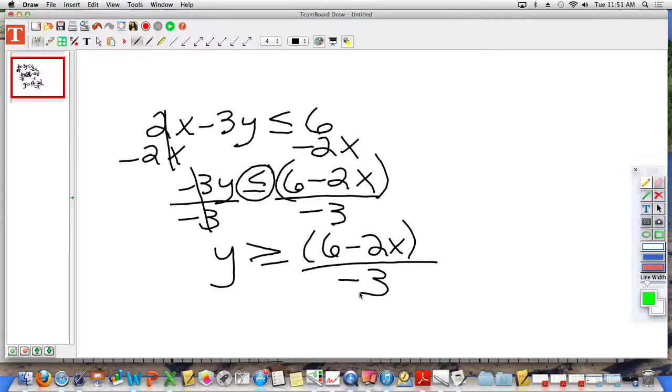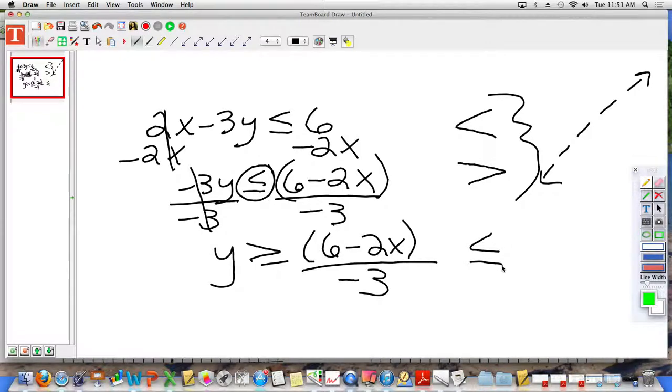So let's talk about that again for a second. If the inequality is just a less than or a greater than, you are going to need to use a dashed line. If it says less than or equal to or greater than or equal to, that is when you have to use a solid line.